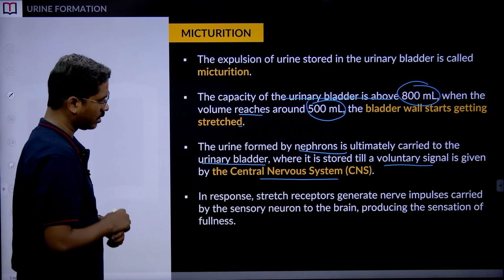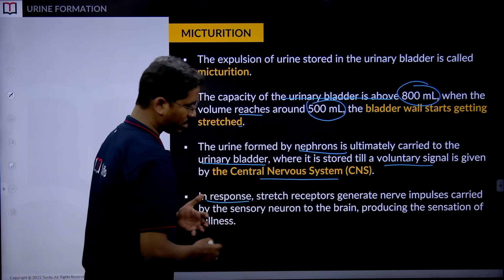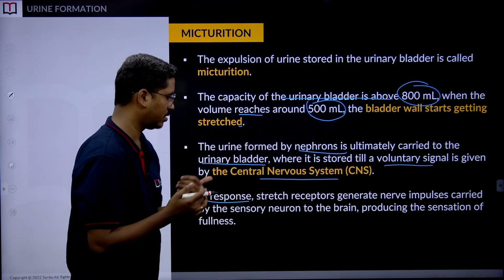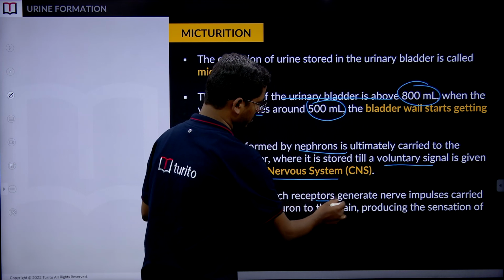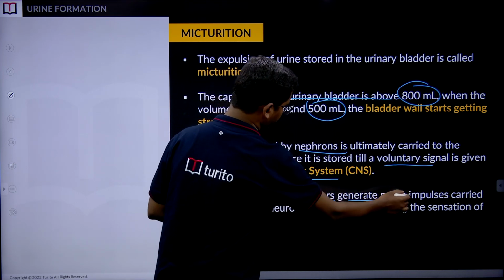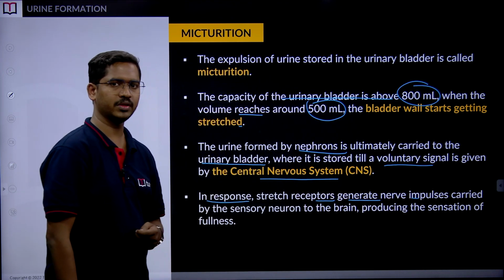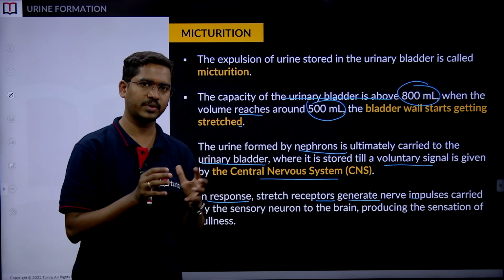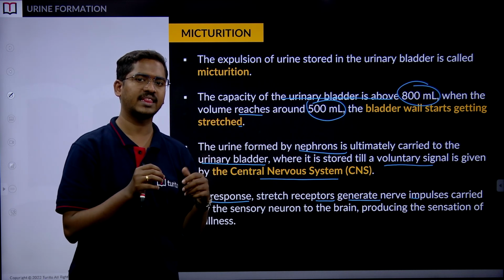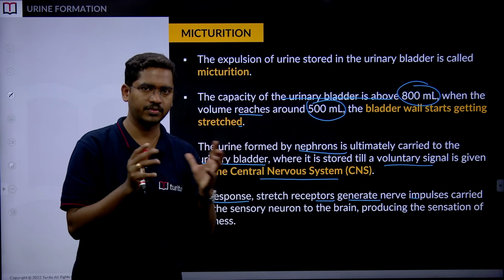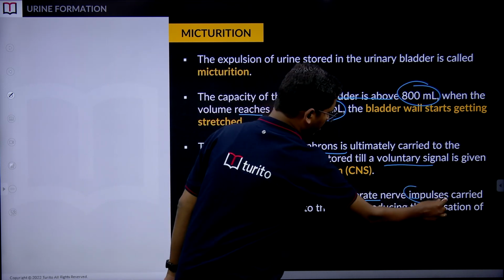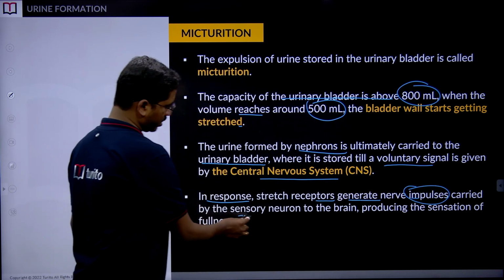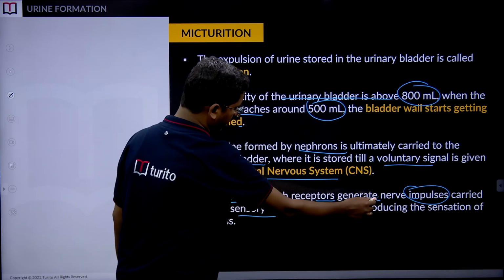When we get the message to the brain, the central nervous system is involved. The stretch receptors present in the bladder generate a nerve impulse. Stretch receptors are those receptors that sense the stretching of the bladder, and the message is carried by the sensory neuron to the brain.